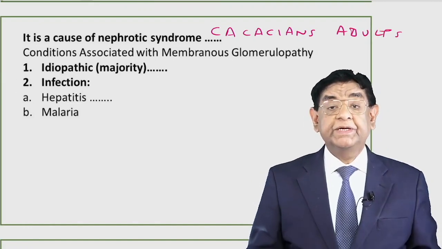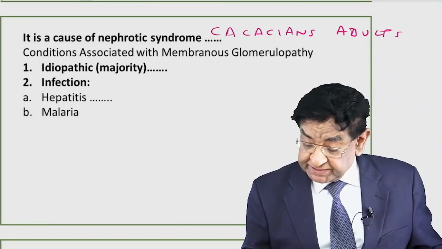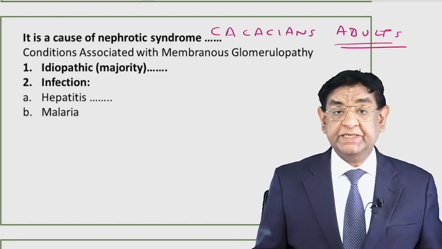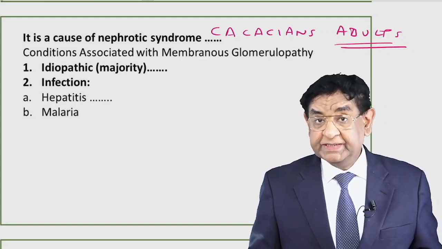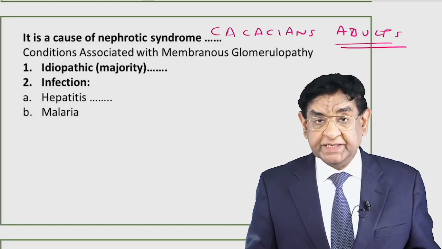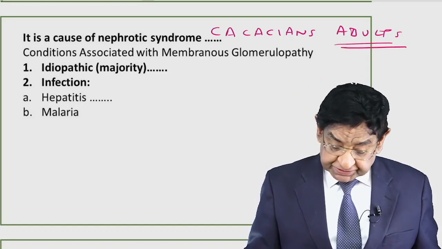This is a disease of adults, in contrast to part 1, where we talked about minimal change disease, which primarily occurs in children between the ages of 2 to 8 years.